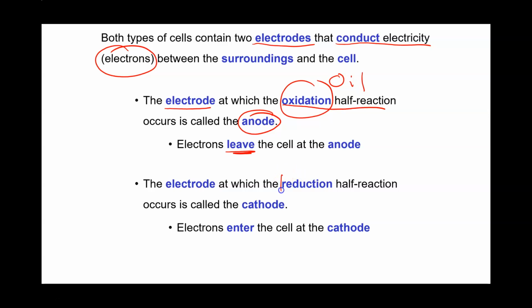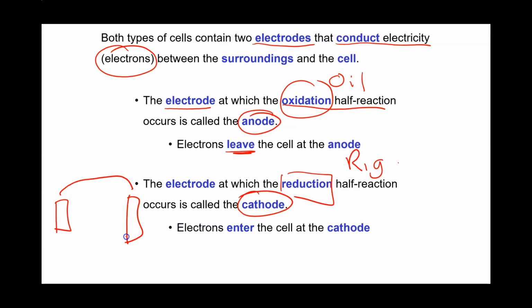The electrode at which reduction occurs, remember the reduction is gain, that's where electrons are going to enter into the cell compartment. So that type of electrode where the reduction is occurring is referred to as a cathode. So electrons are going to move from an anode into a cathode.